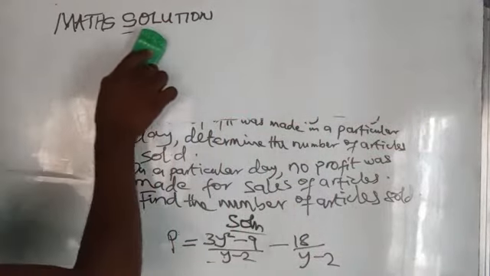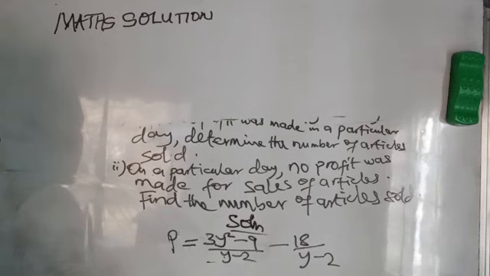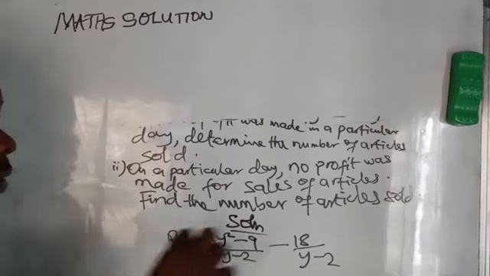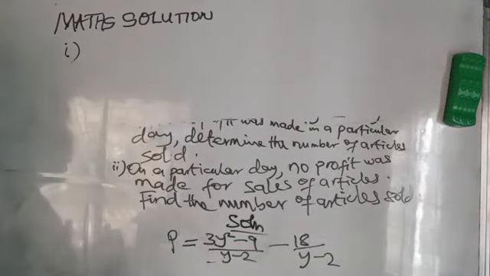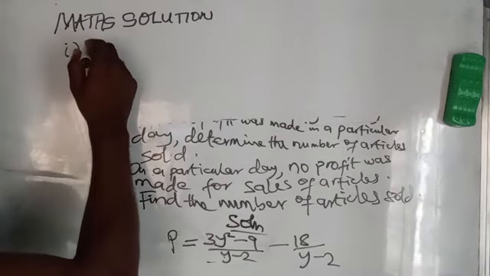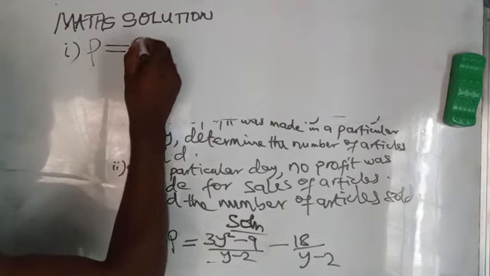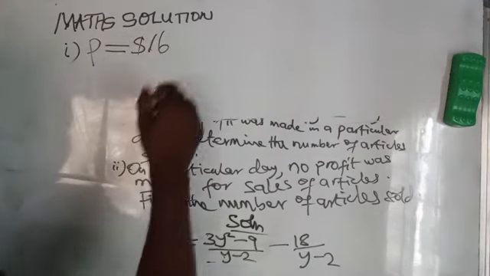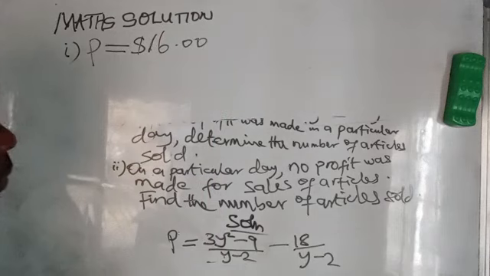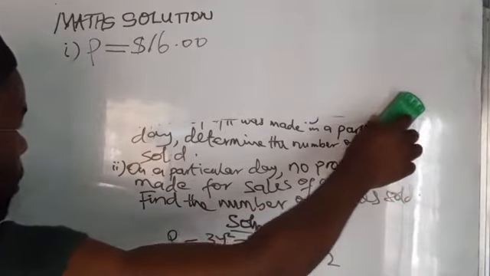Now, if $16 profit was made, it means profit P equal to $16, and you are asked to find the number of articles that were sold.